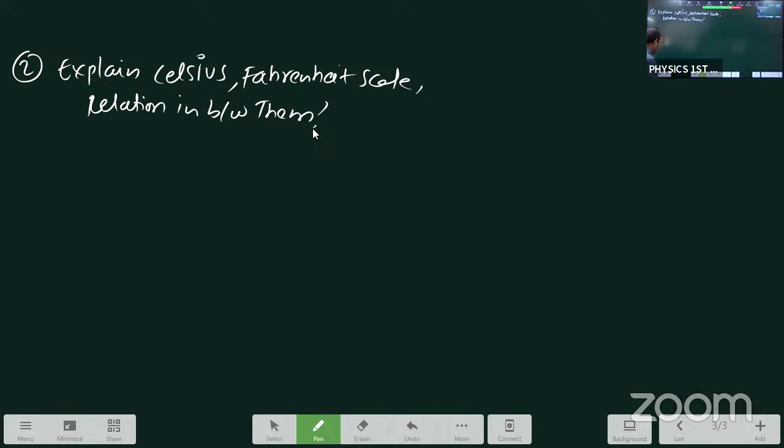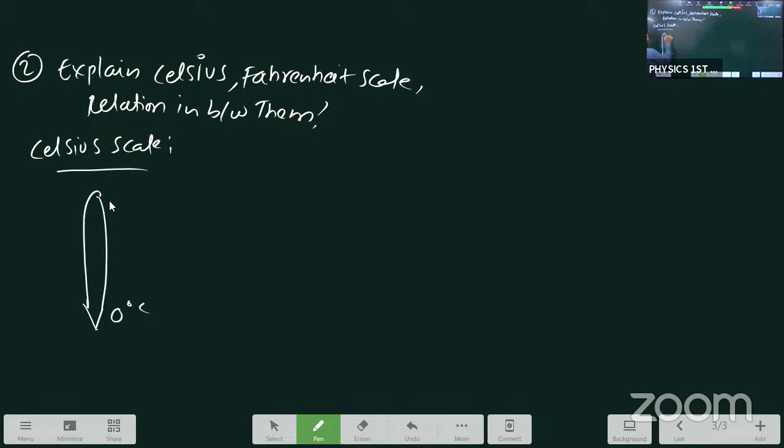For this Celsius scale, there are 3 points. This is the Celsius scale: 0 degree Celsius, 100 degree Celsius. Number 1, what is the lower fixed point? The lower fixed point in the Celsius scale is 0. The upper fixed point is 100 degree Celsius.